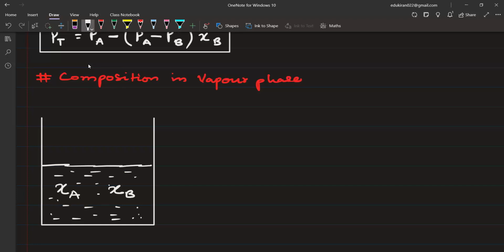Now, when I talk about the vapor phase, please understand. Let us suppose we have white for A, and this red part is for B. In vapors also we will have some B molecules and some A molecules.